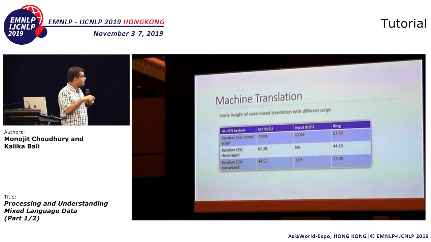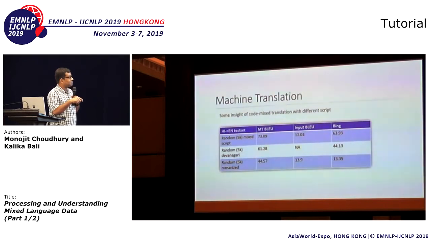But with our technique, when the input is Romanized, which was really bad here, you still get a very reasonable BLEU score, like 44. And for Devanagari, which was actually the problem we showed in the example from our Skype to Skype translation data, we can get around 60 BLEU.